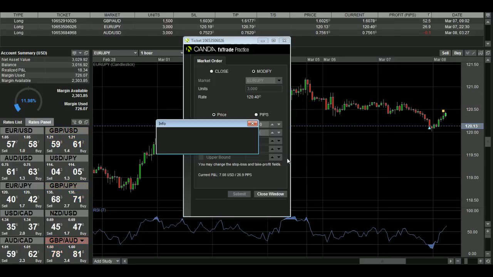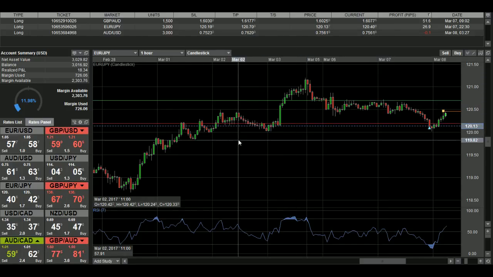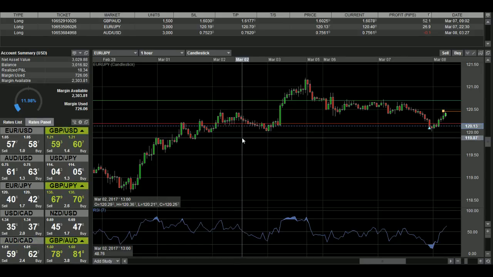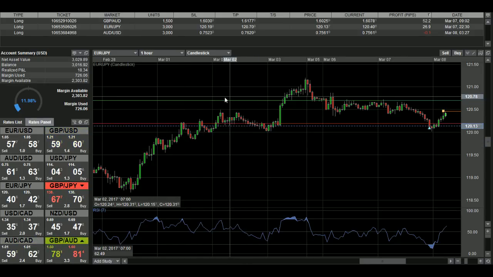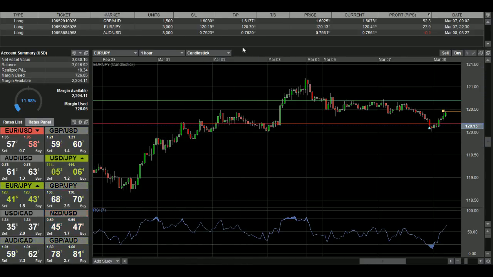When I roll my stops, I roll it +5, just to make sure that I account for the spread and I don't get a negative trade. So we're 4 pips away.